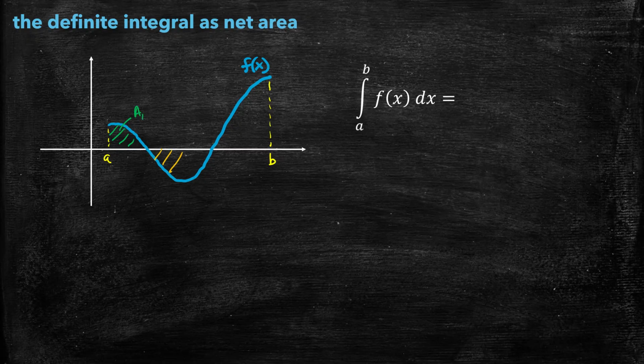If it dips below, as we just saw, so even though, let's call that area A2, even though that's a positive quantity, it's going to interpret that as negative. And let's call this A3. So we say we calculated A1 and A2 and A3, how would we combine them to make the answer to the definite integral? Well, A1 and A3 would be interpreted as positive, and A2, of course, would have a negative assigned.